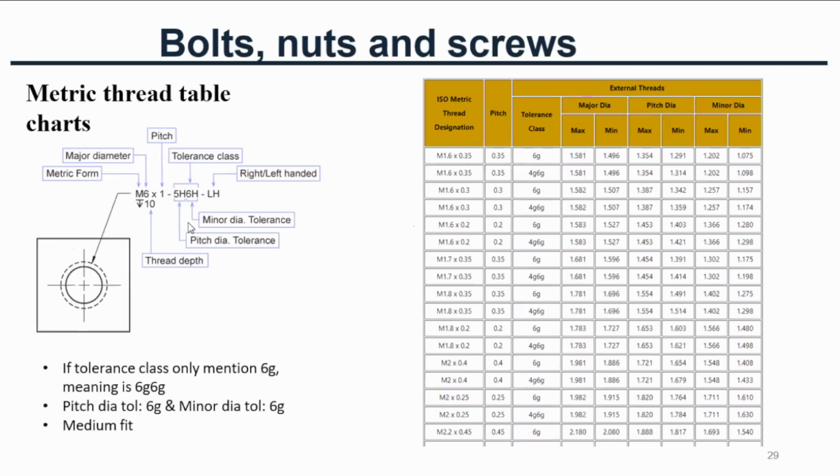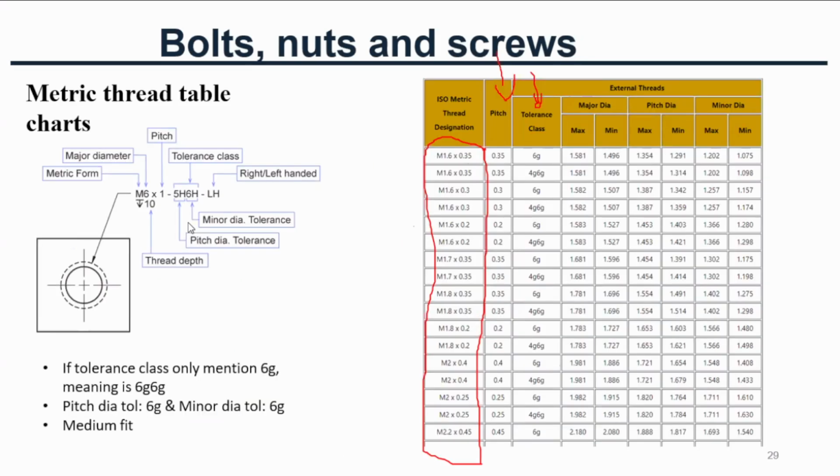The first column is the ISO metric thread designation, so you can indicate M2 multiplied by 1.5, likewise. This is our thread type. Then we can get the pitch value and the tolerance.